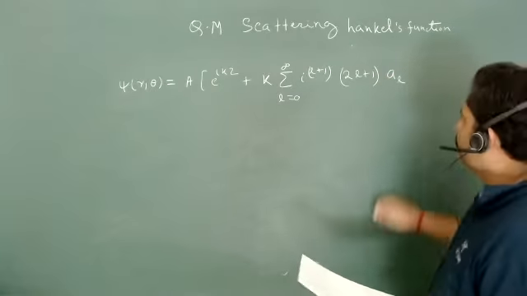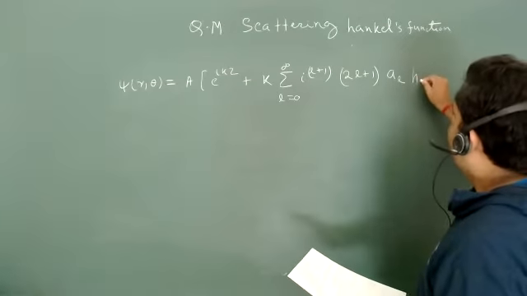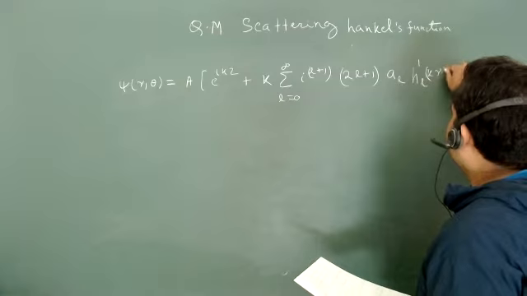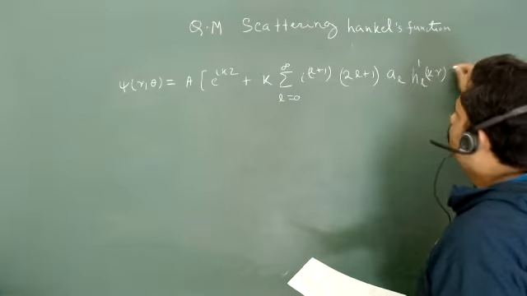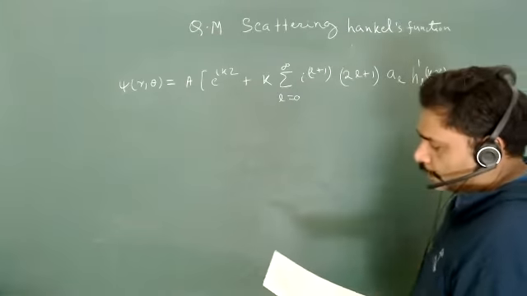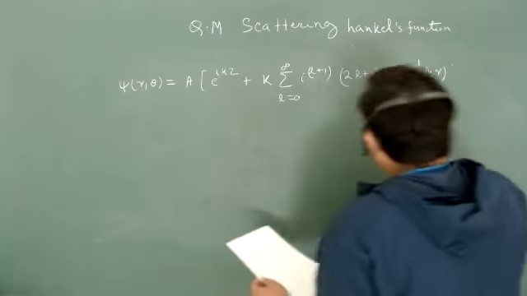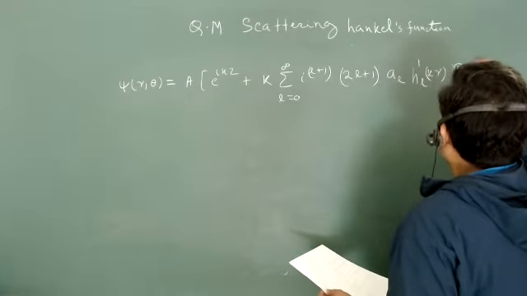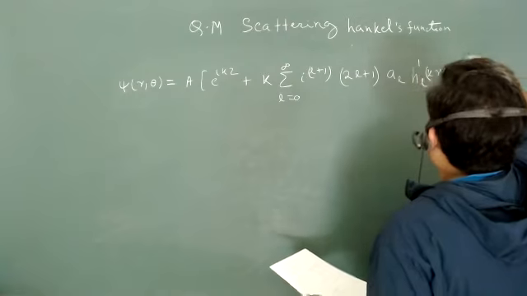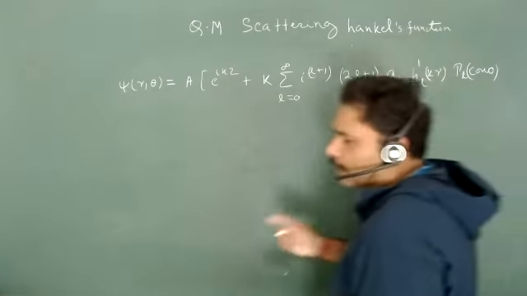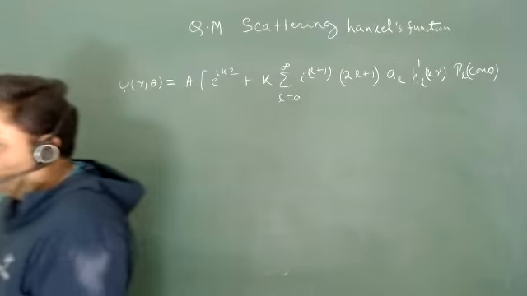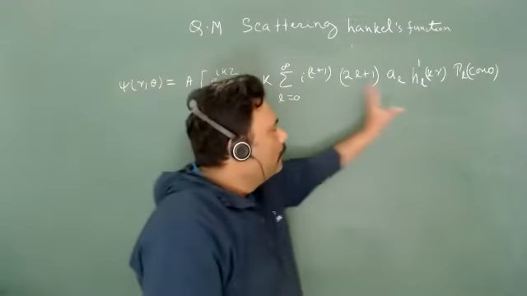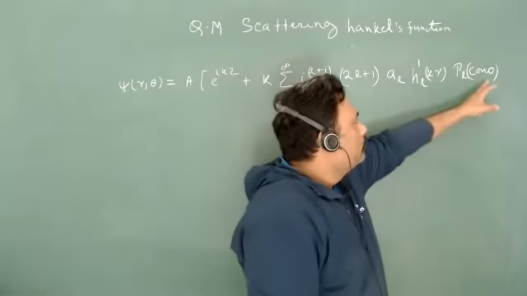And we have our solution as the H_L type 1 solution of kr, and obviously this will be P_L cos theta. Due to the angular symmetry of the system, we can avoid the Y_lm part, the m part, since we have spherical symmetry. So this is P_L cos theta.